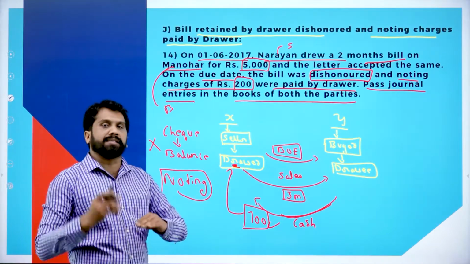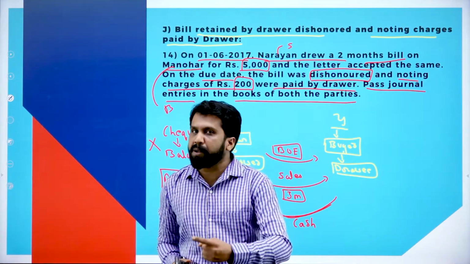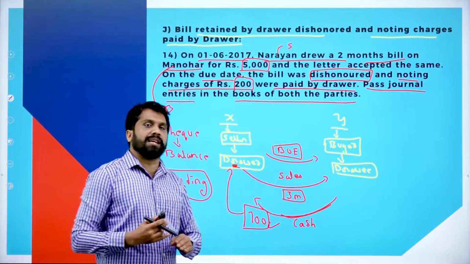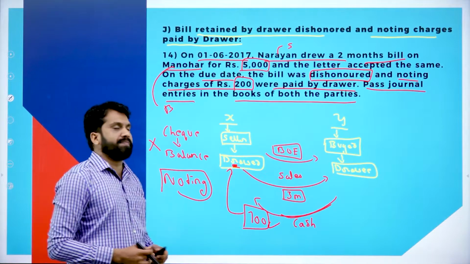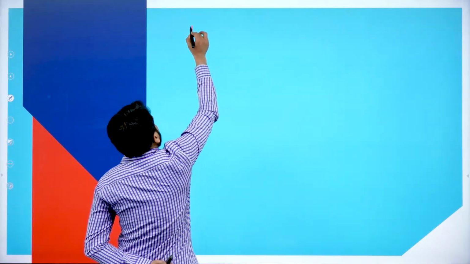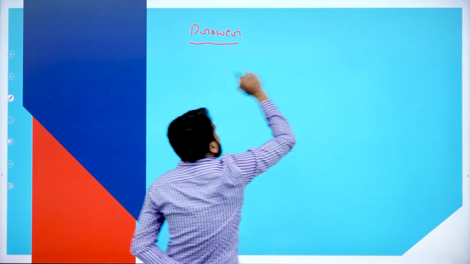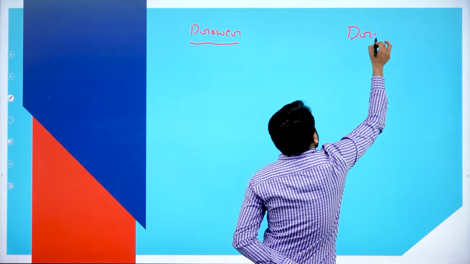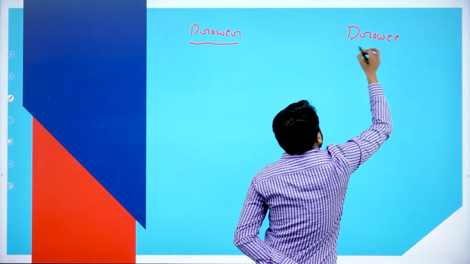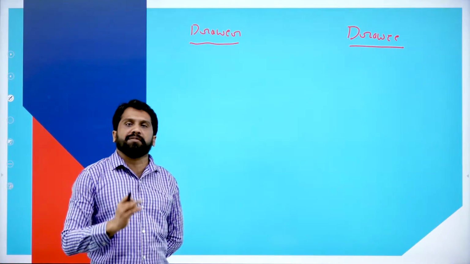Before we go to the answer, we'll understand what kind of journal entry we need to prepare. Once you understand, then we'll go for the problem. Now, journal entries in the books of seller as well as journal entries in the books of buyer. Now we'll come to journal entries in the books of drawer and journal entries in the books of drawee.